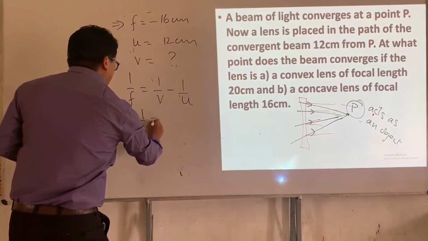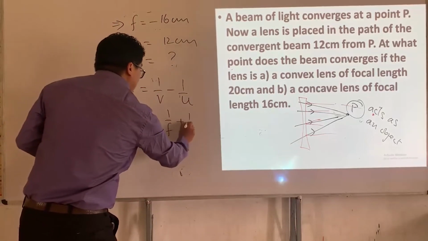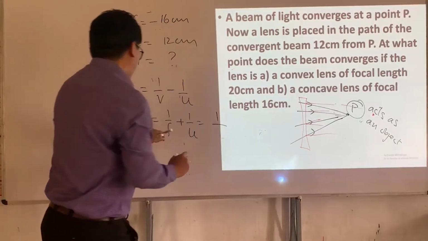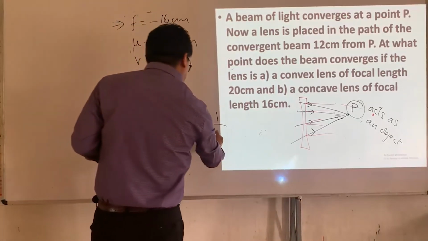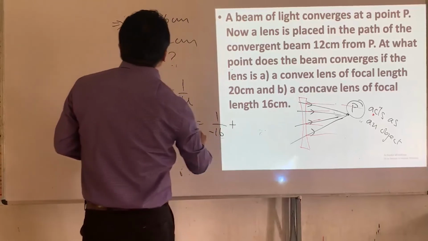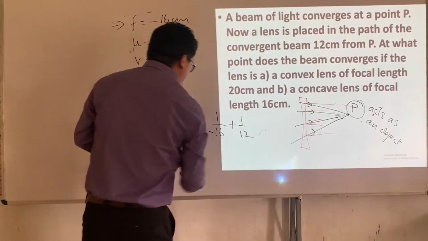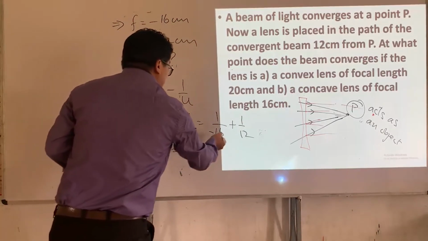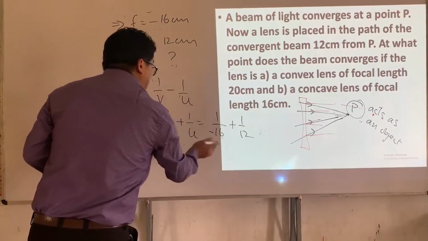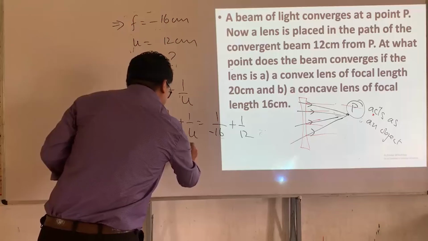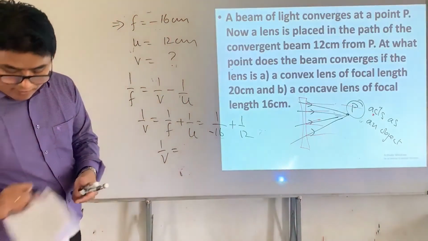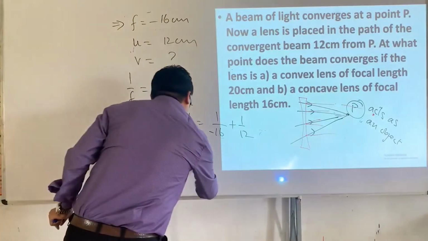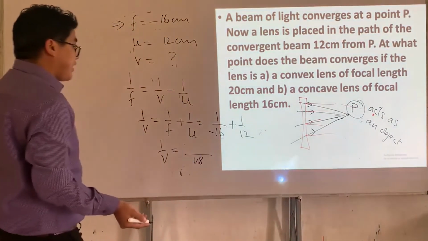And 1 by V is equal to 1 by F plus 1 by U. And what is F? F is minus 16. What is U? U is 12. And then 1 by V is equal to 1 by 12 minus 1 by 16. What is the LCM? Alright. Let's say we do like this. LCM is 48.